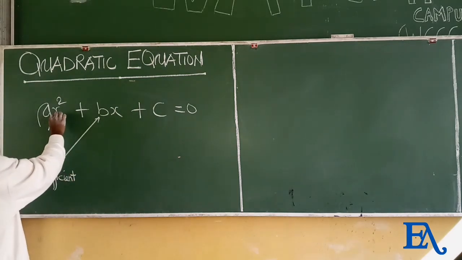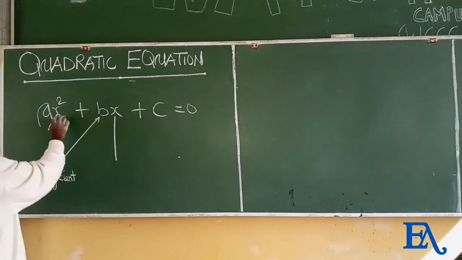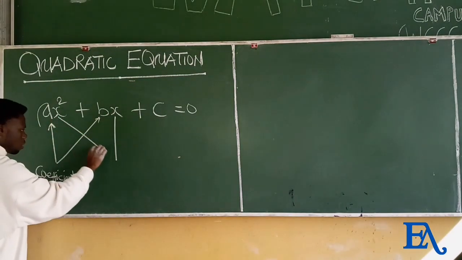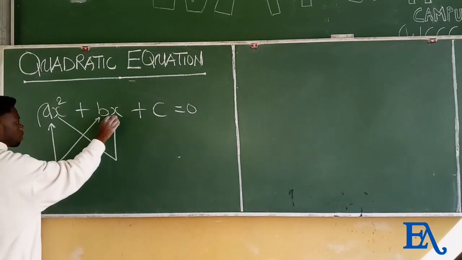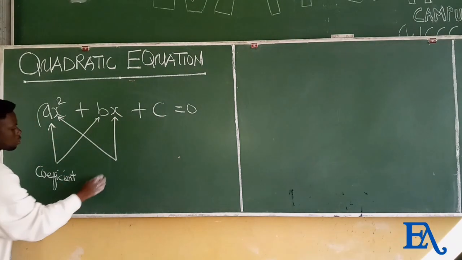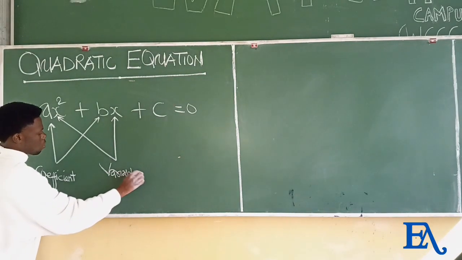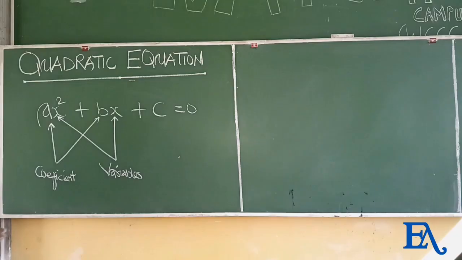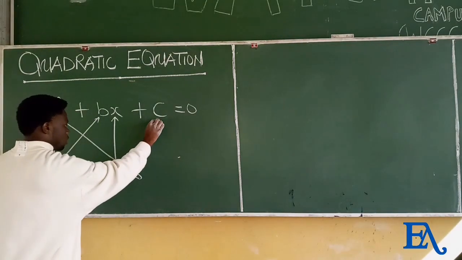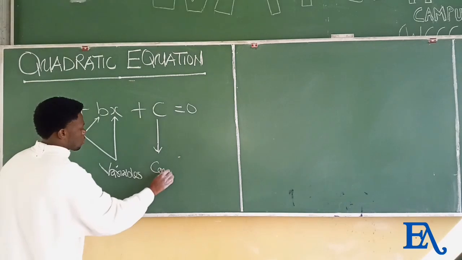Whereas x and x squared are called variables. And c is called the constant.